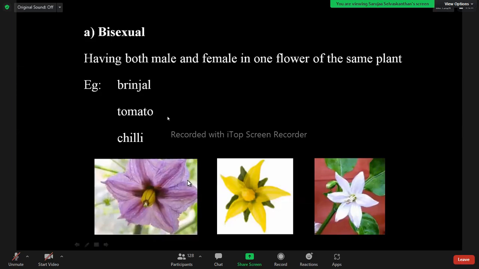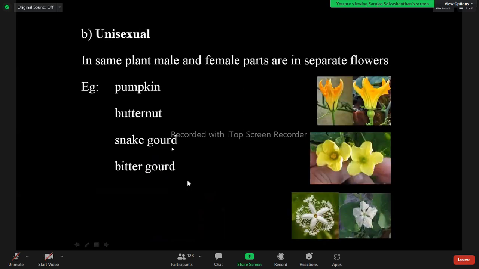Examples: brinjal, tomato, chili. Unisexual means that in the same plant, male and female parts are in separate flowers, not in the same flower.